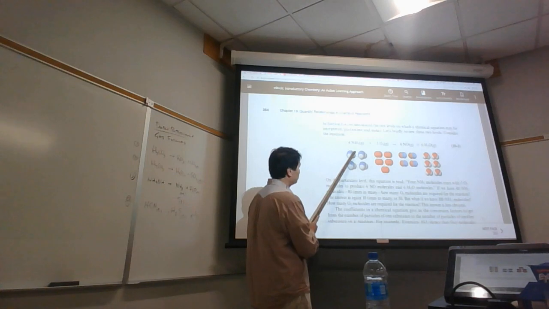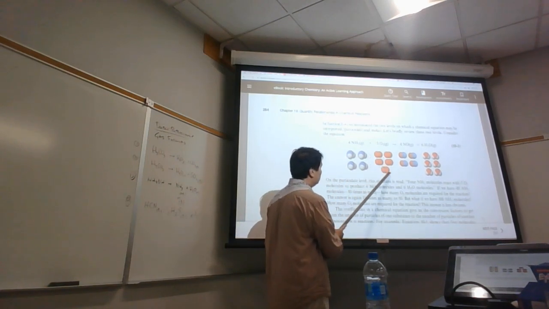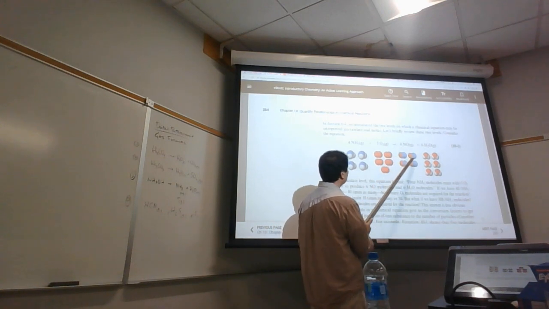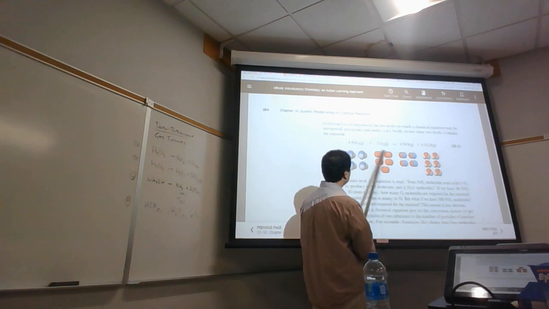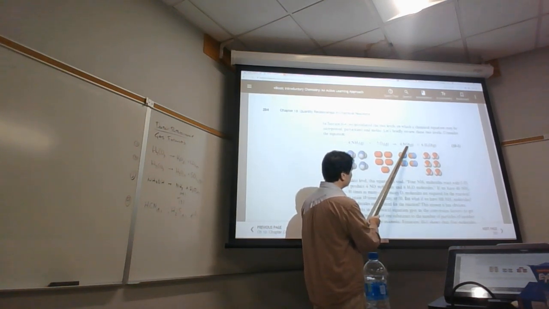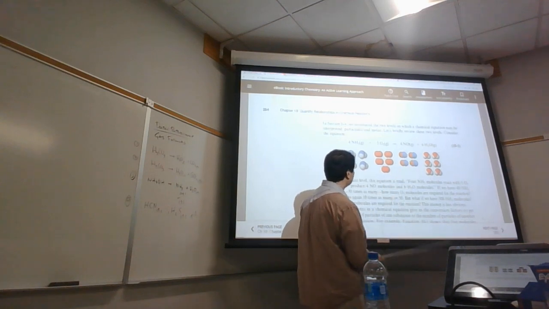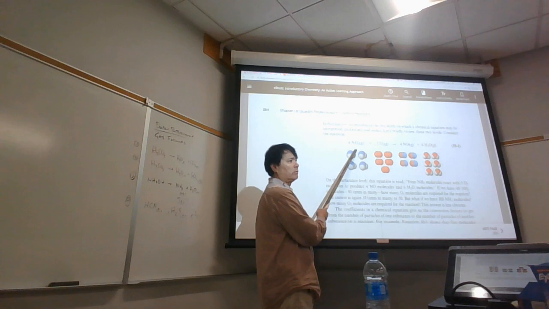One, 4 molecules of ammonia plus 5 molecules of O2 yields 4 molecules of NO plus 6 molecules of water. So this is combustion of ammonia, and it produces nitrogen monoxide, nitric oxide here. You aren't going to have this kind of combustion reaction.